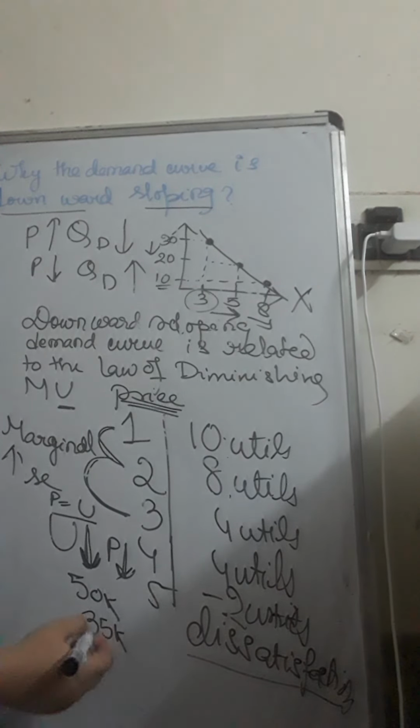And the third unit I will only buy if it is priced as low as 15k. And the fourth unit I will buy if there is some lottery or offer going on, a hurry offer that within 10k you will get one iPhone.